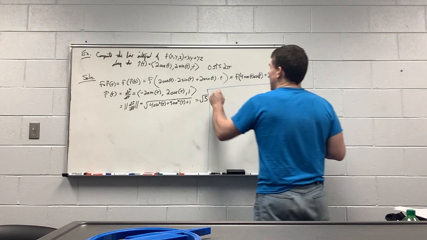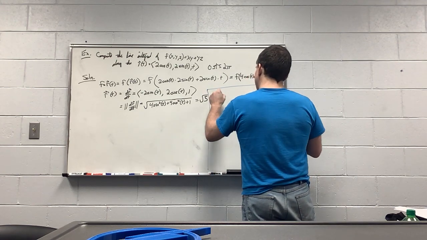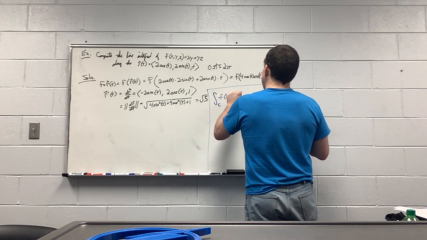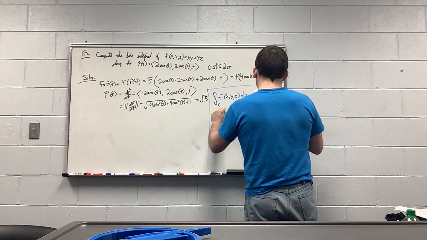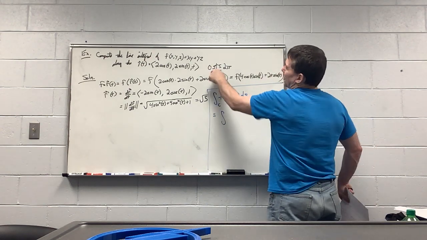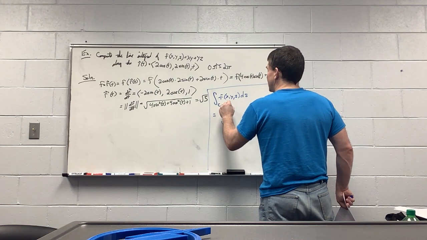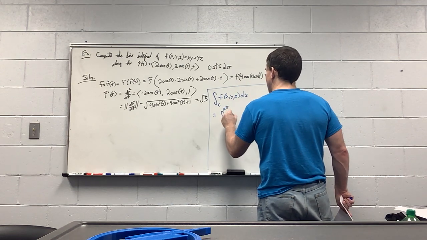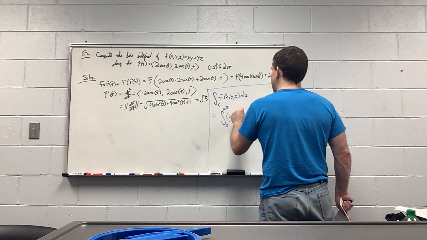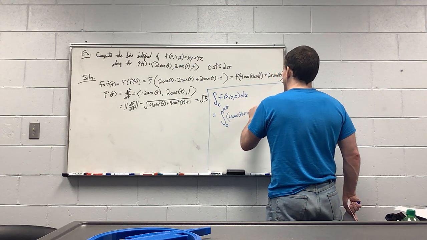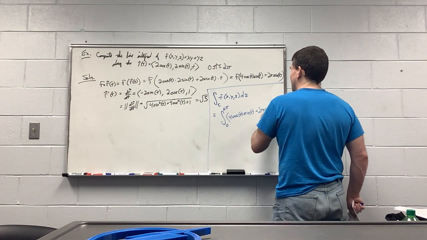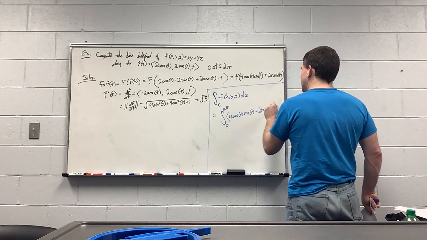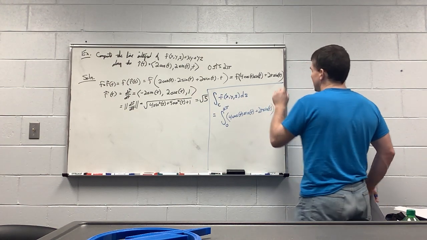I get the integral along C of f of xyz ds is equal to the integral along my curve, t is from 0 to 2 pi, of f, which I just said was 4 cosine t sine t plus 2t sine t, times the magnitude of dr dt, which is root 5 dt.